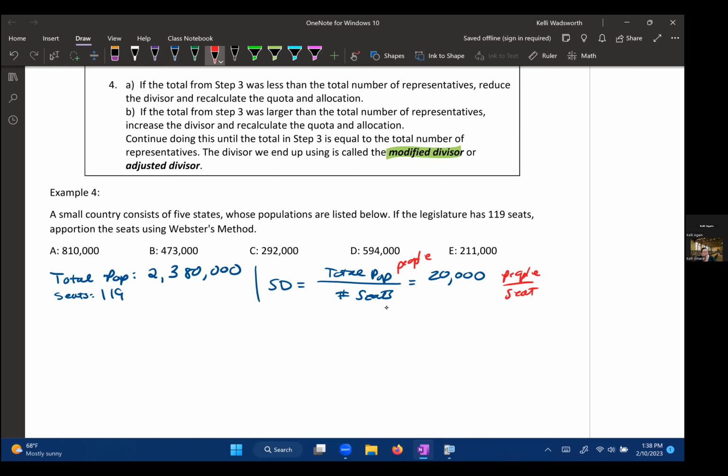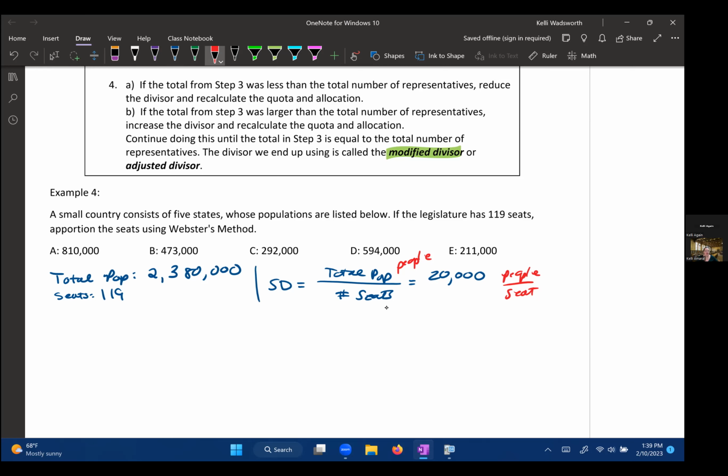So if you notice, with the first method, Hamilton's method, that divisor never changed. Well, it didn't change in our calculations technically, because we then altered those numbers a little bit. If you reverse engineered it, given a state with a certain population and a certain number of seats, you could re-engineer how many people each of those seats actually represents, which might be a little bit different than the actual divisor.